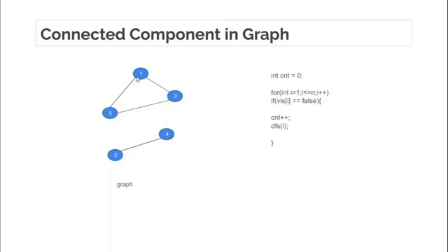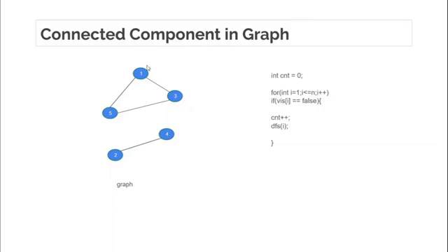Now whenever you make a DFS call to any node which is unvisited, that means the whole connected component in which that node lies is unvisited. So you make a DFS call to that node, and what happens is all of the nodes which are reachable from that node, or basically the whole connected component, will get visited.